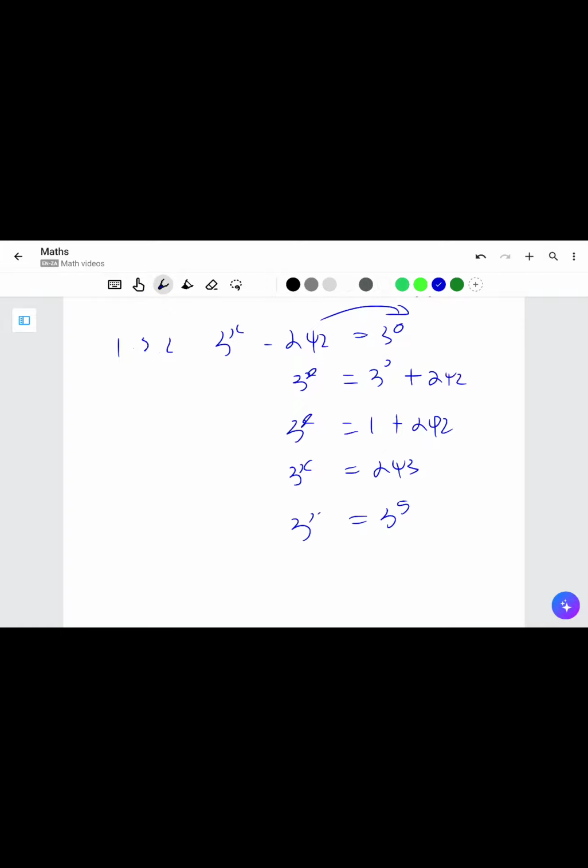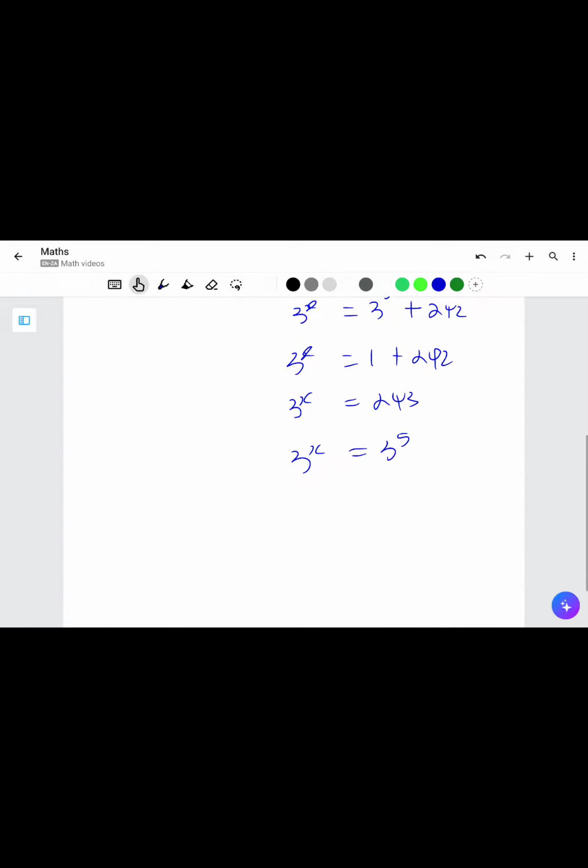On this side we have 3 to the power of x, and now when the bases are the same over the equal sign, we know that we can drop the exponent. So therefore x equals 5.